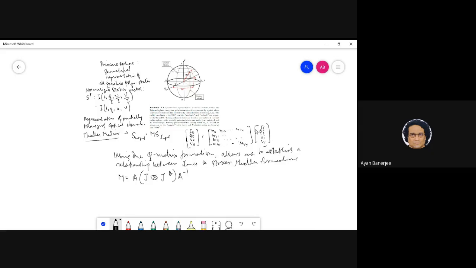So this is the main equation that you have. Another important thing is rotation. Just as we saw that if you take an optical element and rotate it, the Jones vector is transformed by the rotation matrix in 2D, here it will be the rotation matrix in the 4x4 space.